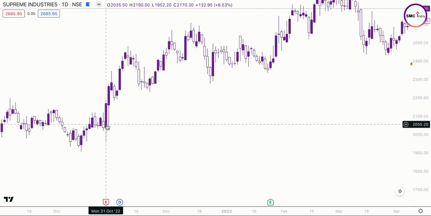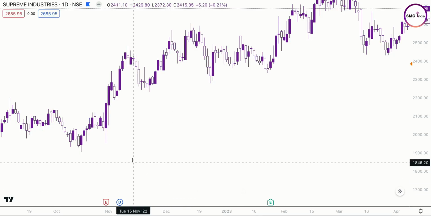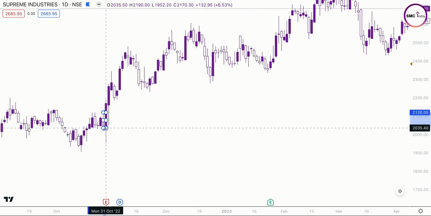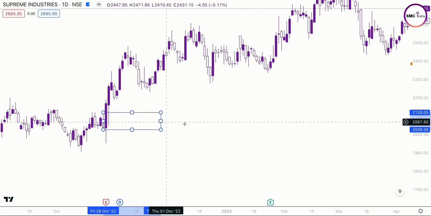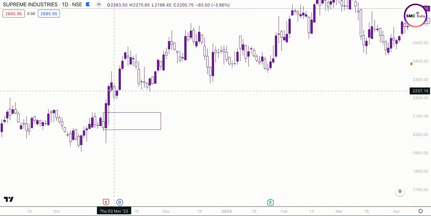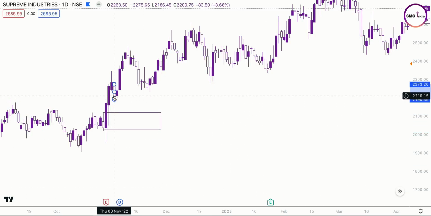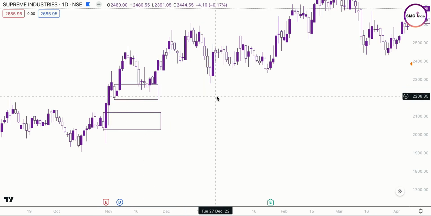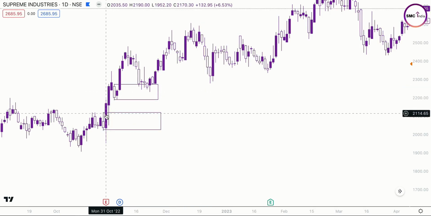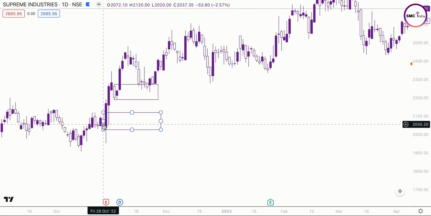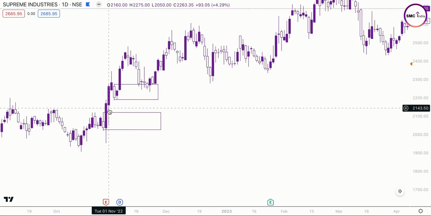Now you could clearly see that there are two order blocks. Here you could see a proper sell candle, and here another proper sell candle, and the market leaves no imbalances here. So the price moves in an efficient way, leaving no imbalance here.